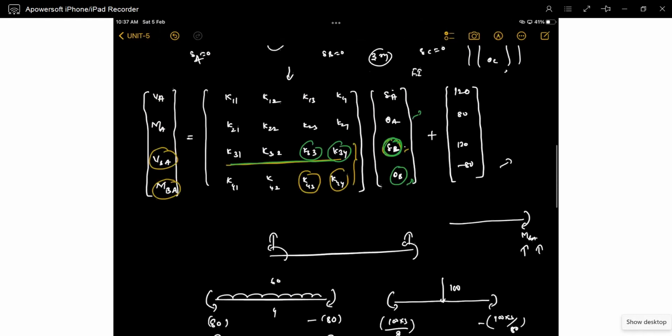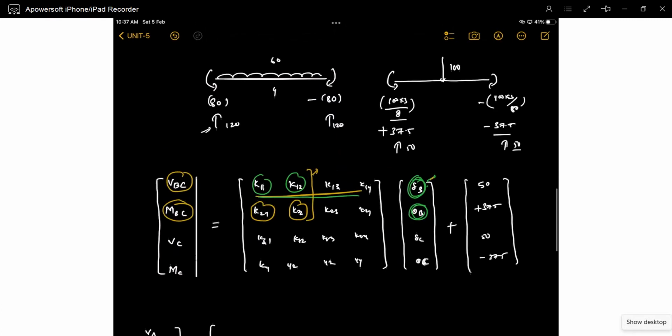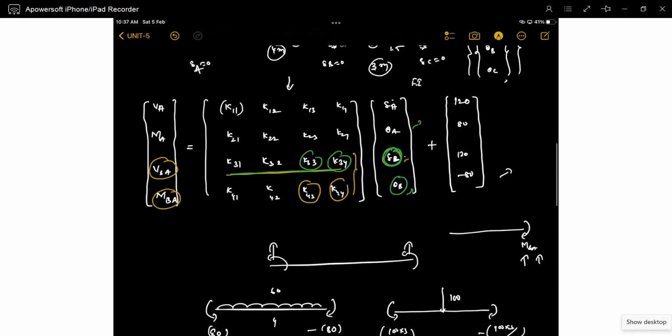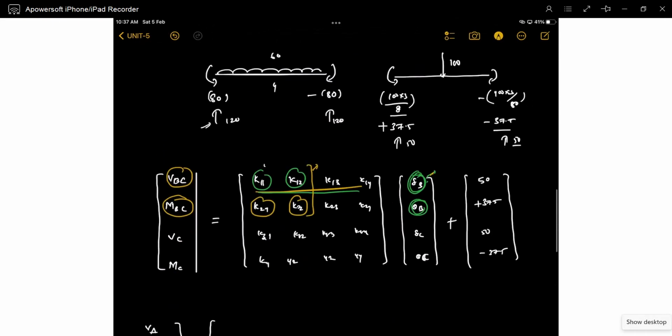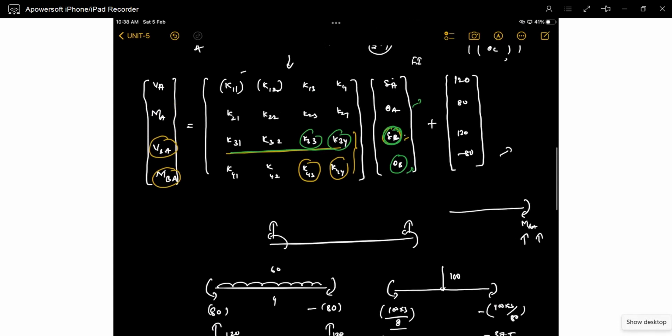You can write the 6 by 6 matrix: k11 here is for the matrix of a, the first matrix values. These values differ for the others, because the length is changing. Understood? The length is changing, so I will write these in another marker.